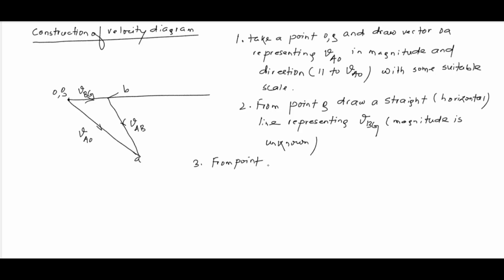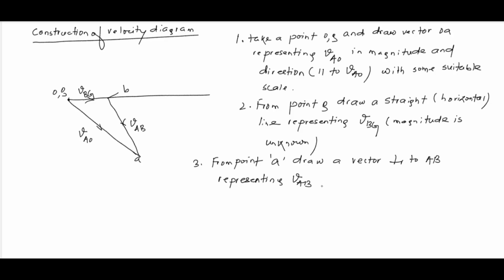Third step, from point A draw a vector, or you can say line, perpendicular to connecting rod AB, representing VAB.